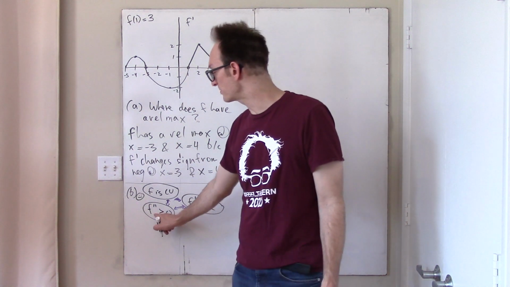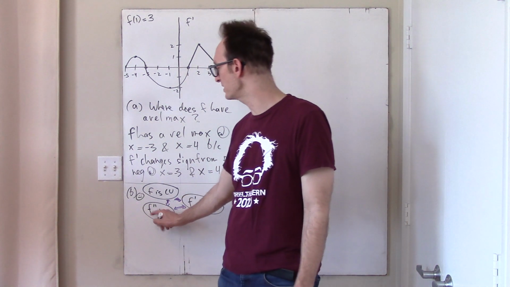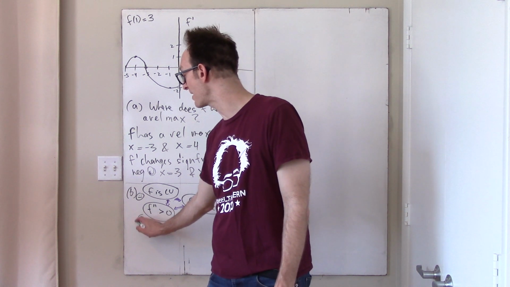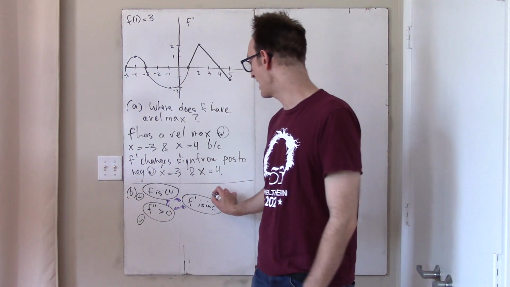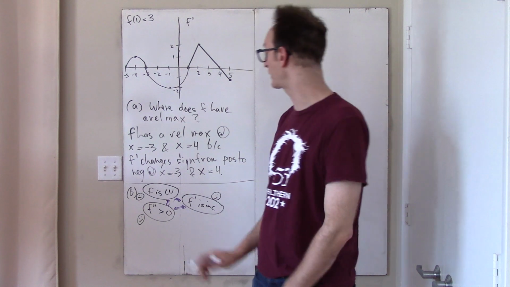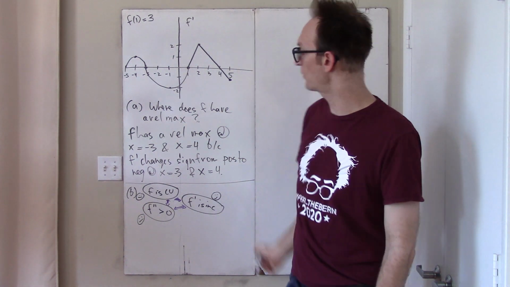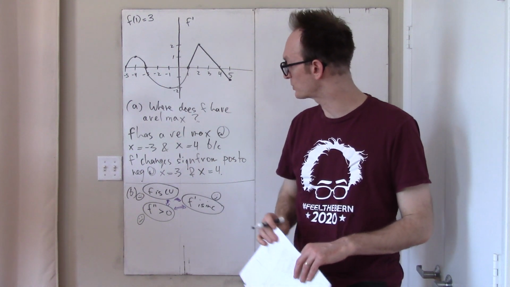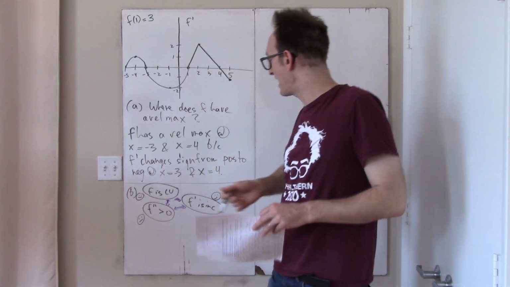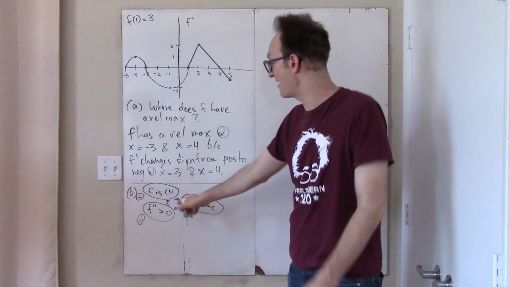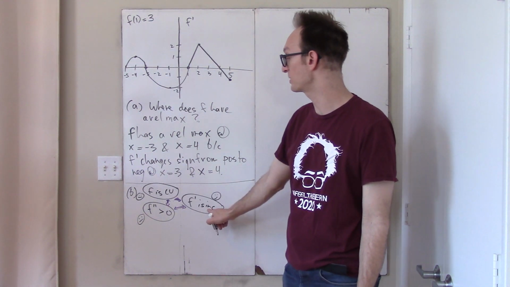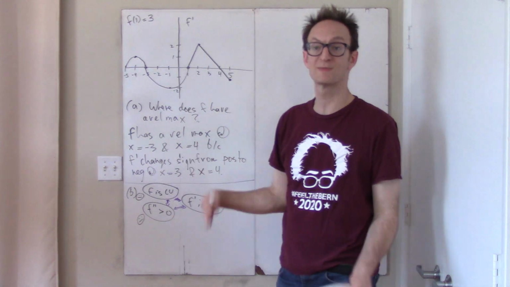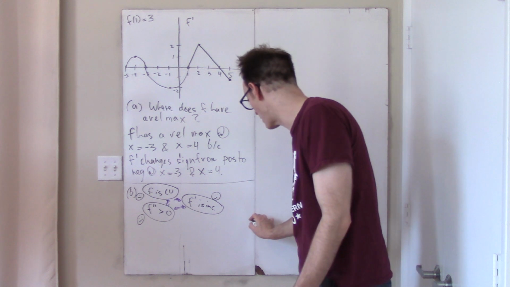And we don't exactly have a picture of f double prime either, although we could reason about f double prime from the picture. But f prime, we are just looking at a graph of. And so it's more direct and clear to just reason about f prime. Basically, f is concave up when f prime is increasing, and f is concave down when f prime is decreasing.